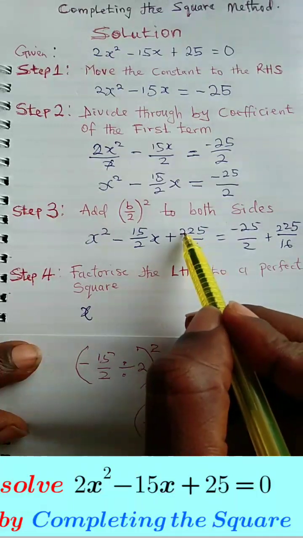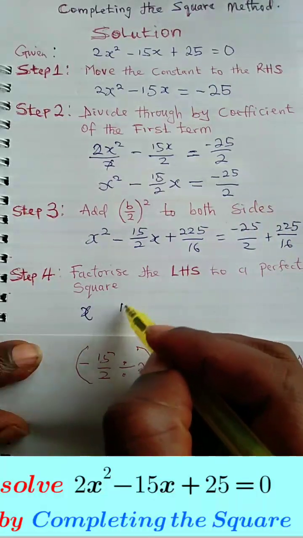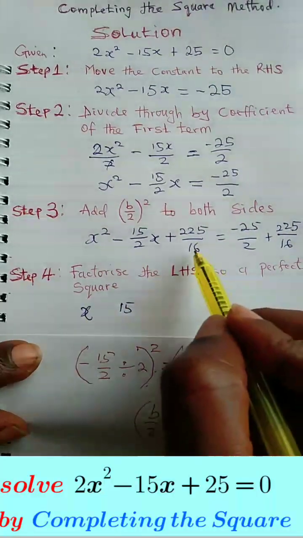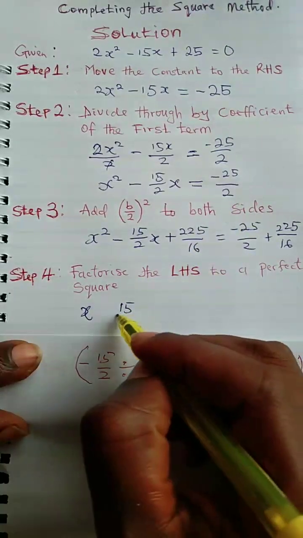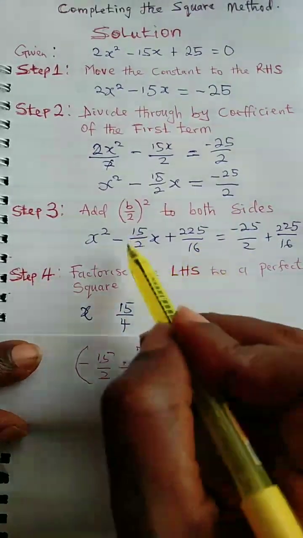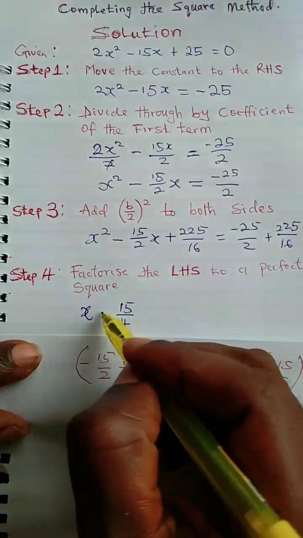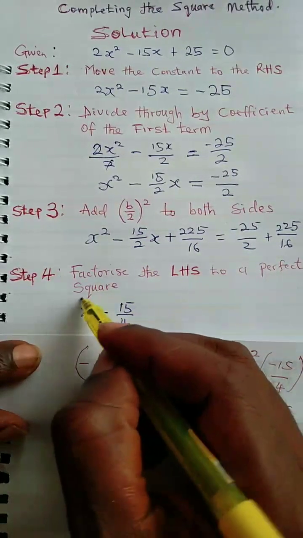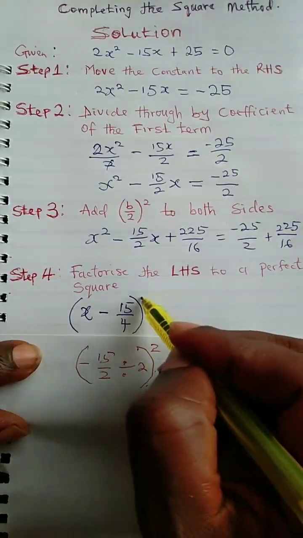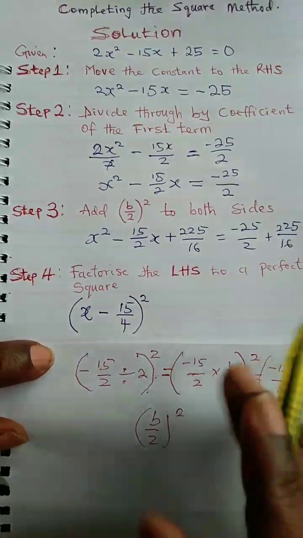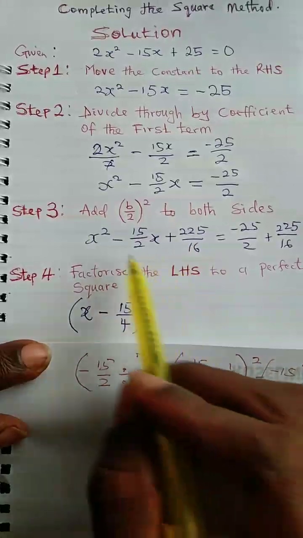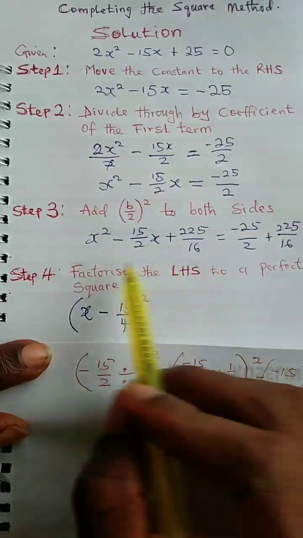The square root of 225 is 15, and the square root of 16 is 4. Then you take the sign of the middle term, put it in between them, and square all of them.